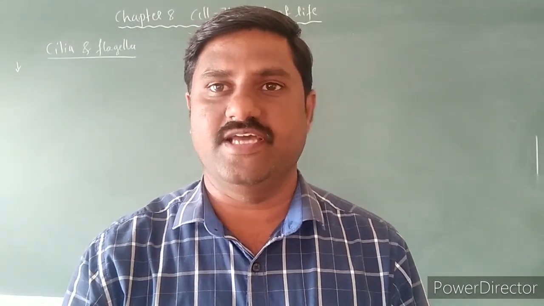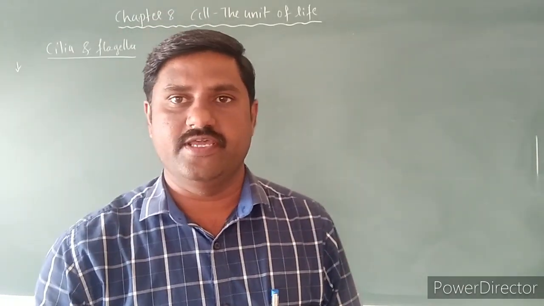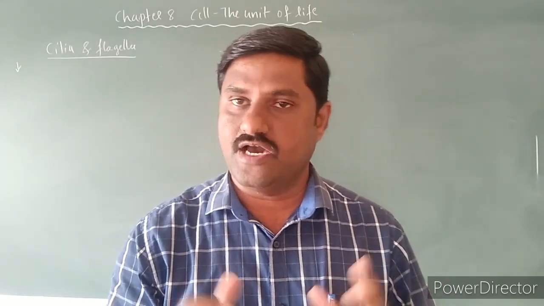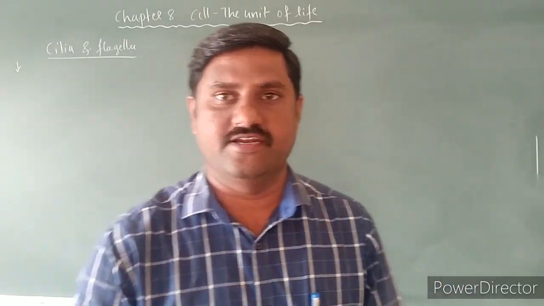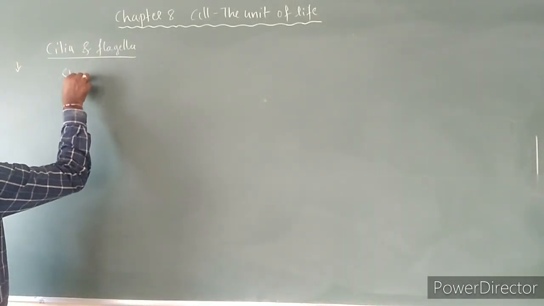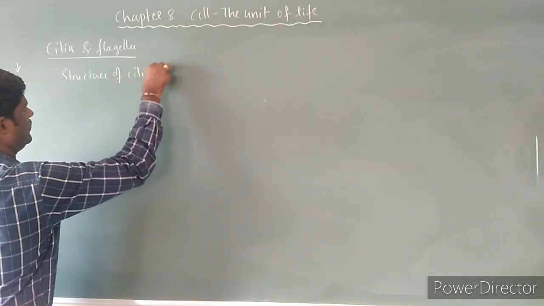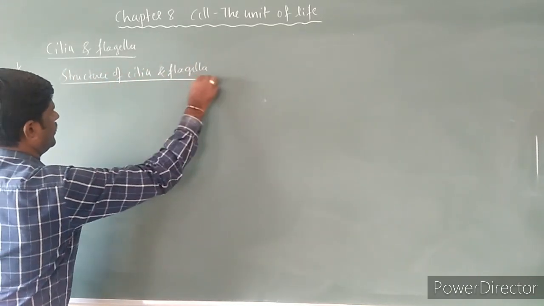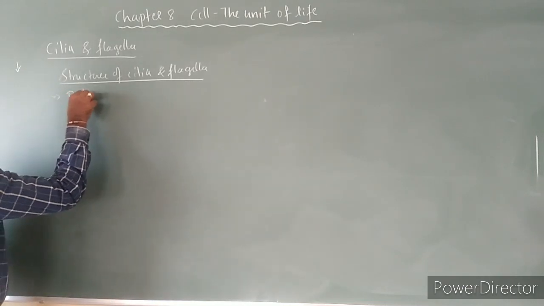Structurally, cilia as well as flagella have three major parts. One is the basal body, the second one is the basal plate, and the third one is the shaft. These are the three major parts. Almost both are similar in their structure.